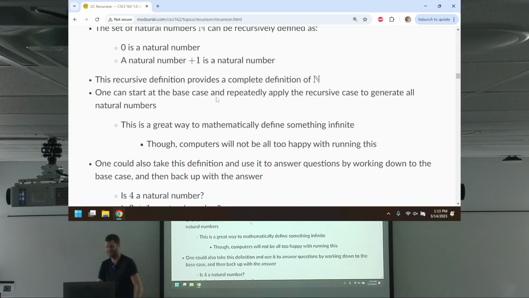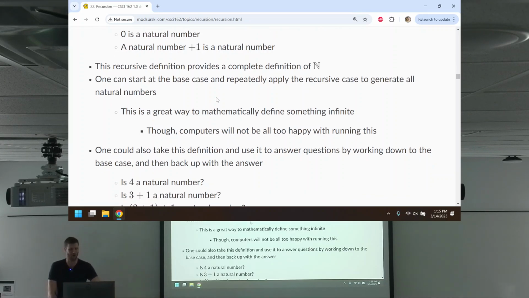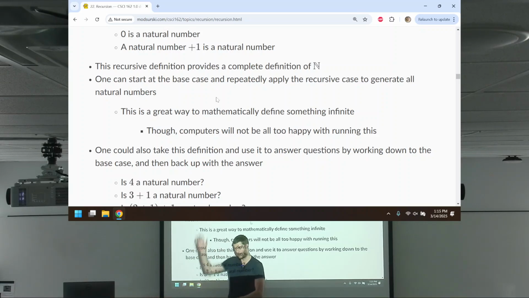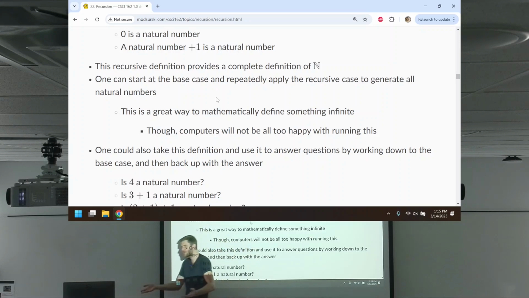Come on. So, natural numbers starting at 0, we can generate them all by repeatedly applying the recursive definition. We start at the base case and go up. But we could also start at 4, where we're not starting at the base case, but we ask the question, is 4 a natural number?